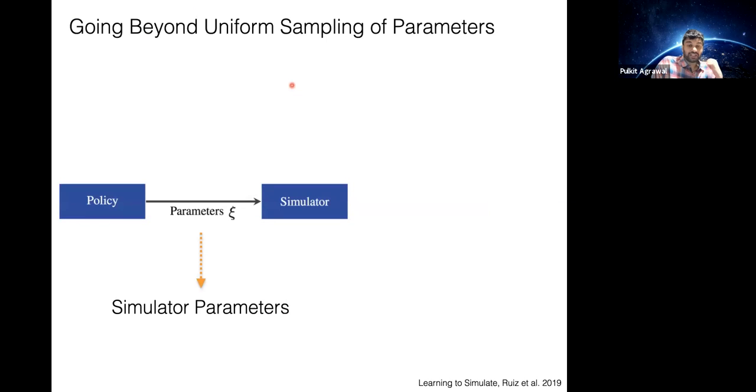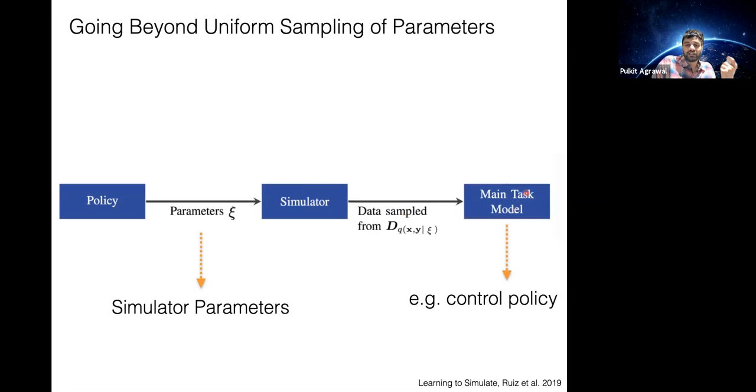There are a couple of methods being developed, and I'm going to tell you about a couple of them. One possibility is to try to predict the simulator parameters that one should be using. Instead of randomizing, I have a policy which predicts the simulator parameters. Now I have a simulator with those fixed parameters predicted by the policy. Then I train whatever I want, maybe through imitation learning or reinforcement learning, using the simulator.